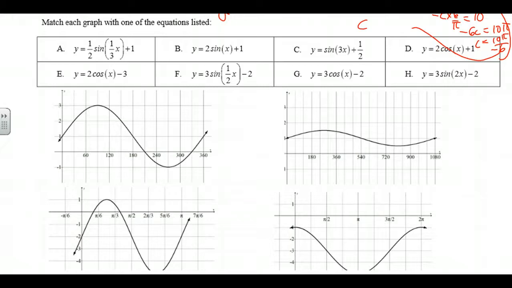Then you look at the amplitude, and now it's one of these two. So let's do this first one. The midline is 1, meaning it's either this, this, or this. The amplitude is 2, meaning it's not this one, so it could be this or this.